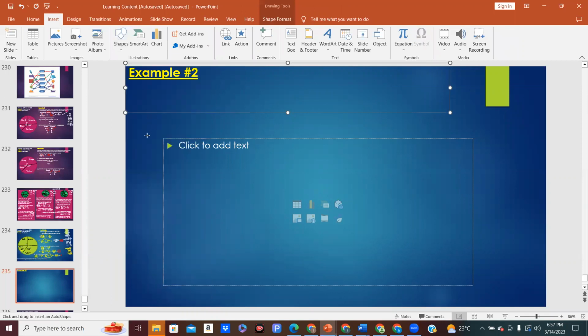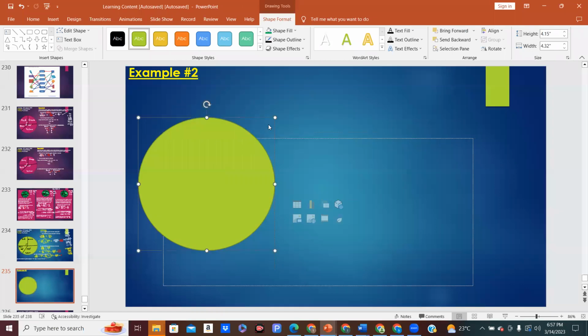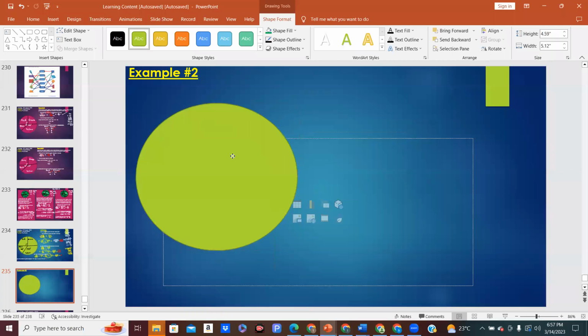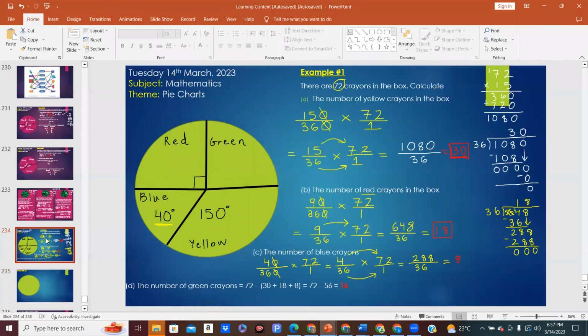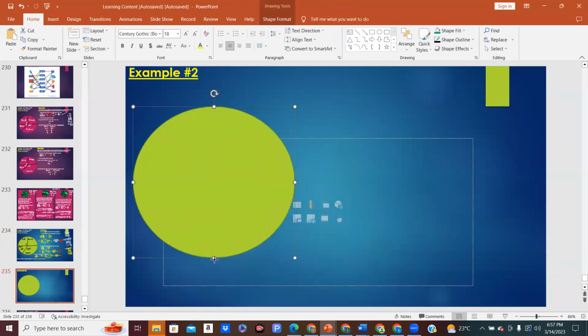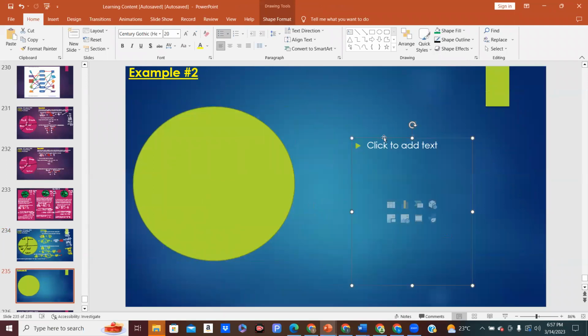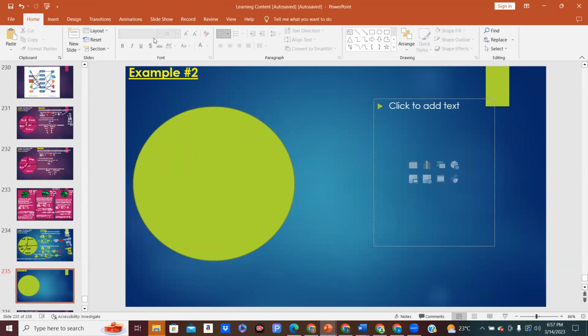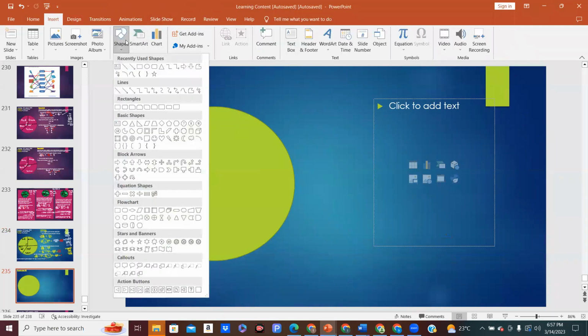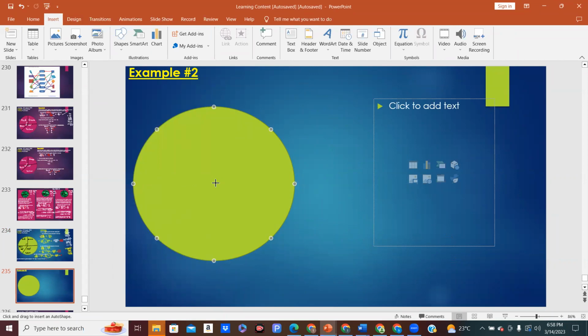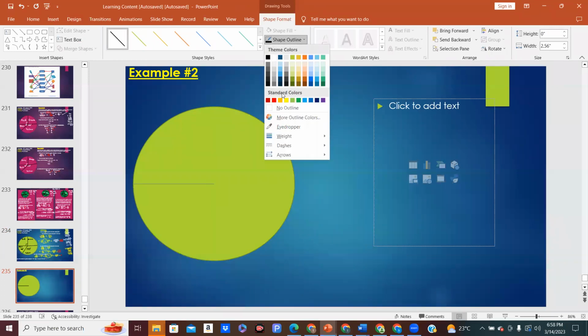Okay, so we draw on the same pie chart. This time we have the 90 degrees as well.